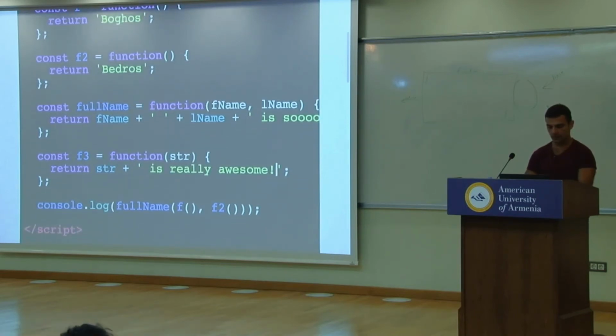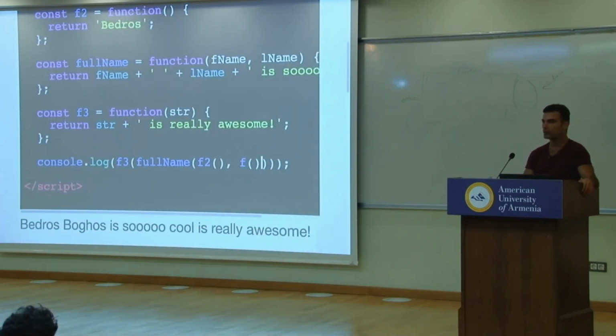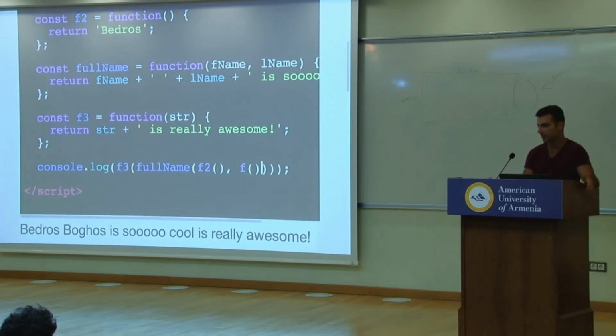Then what we do is we call f3 with the result of calling full name, which we call with f2, and then f. Yeah. What does that return? Okay, so let's break it down. So what we get is bedros boros is so cool, is really awesome.